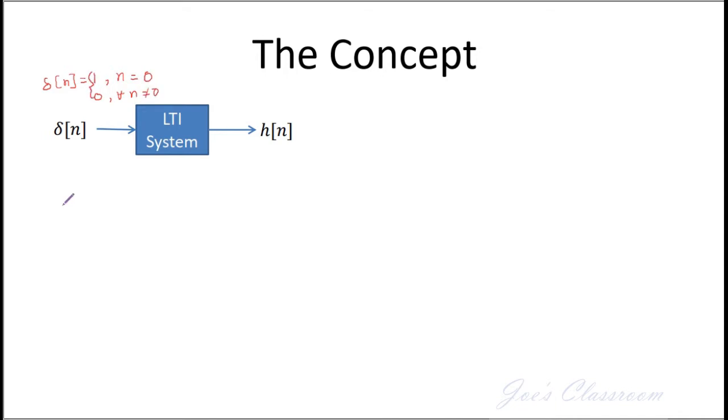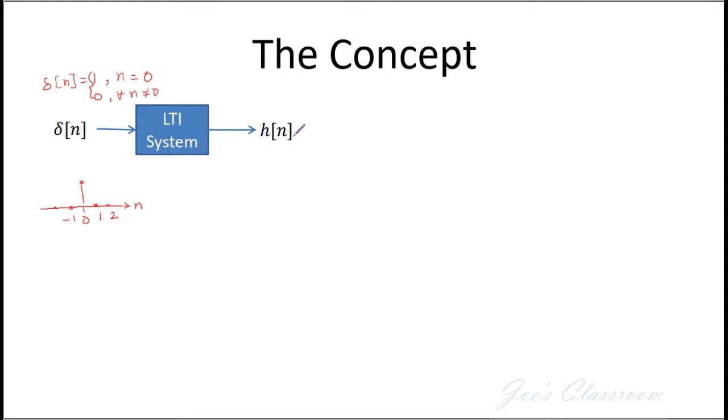Graphically, it can be represented like this. For n equal to 0, it is going to be 1, and for all other values of n, it is going to be 0. Now, if I give this unit impulse signal as an input, the system has to give me a response, and let me call the response h of n.